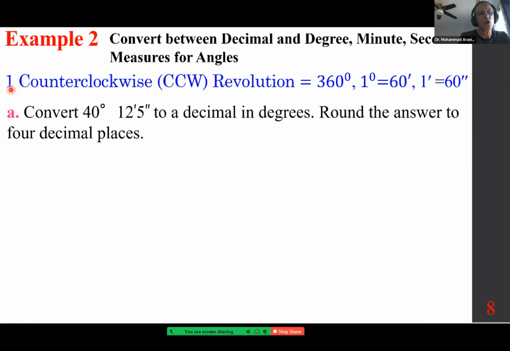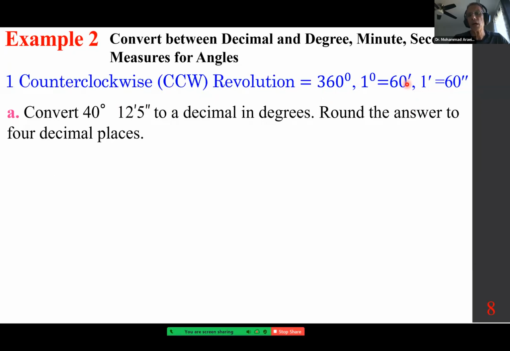One complete revolution corresponds to 360 degrees. 1 degree is 60 minutes, 1 minute is 60 seconds.